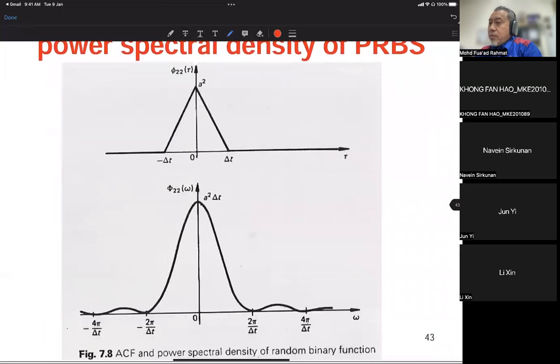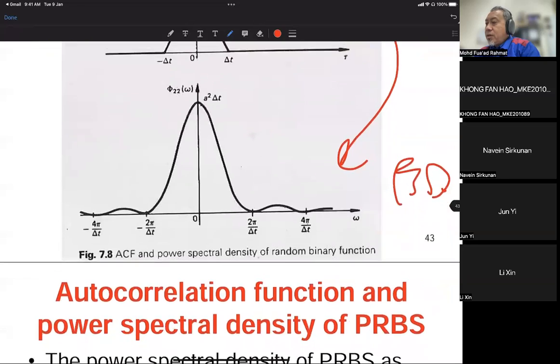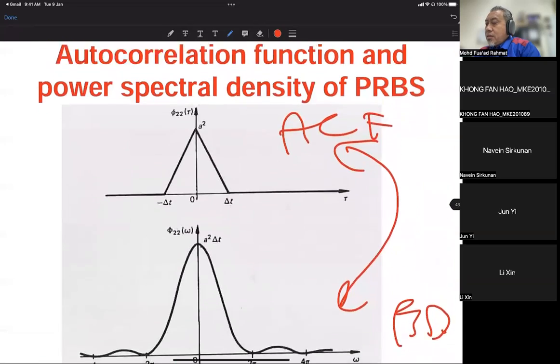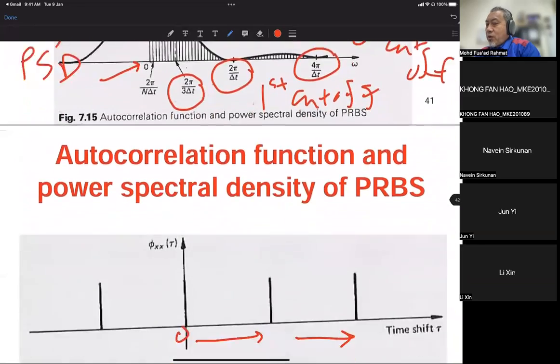Okay, so you can compare the ACF and the PSD for the binary functions, which is more or less the same as this one, figure 7.15.